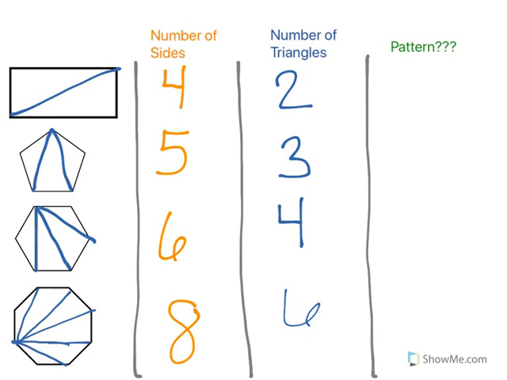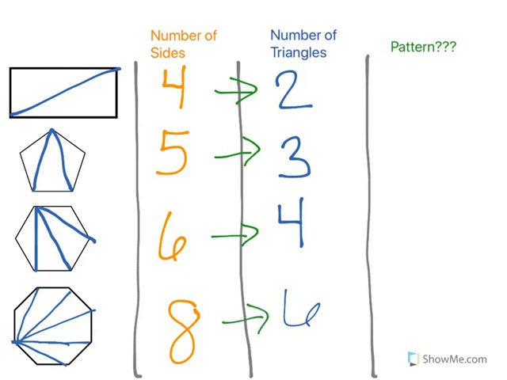So looking at the information in the number of sides column versus the number of triangles column, what information do we see happening? So from number of sides to number of triangles, we see that we are 2 less. So then we look at the next one, 5 to 3, again we're 2 less. 6 becomes 4. Looks like a subtraction of 2 is happening.